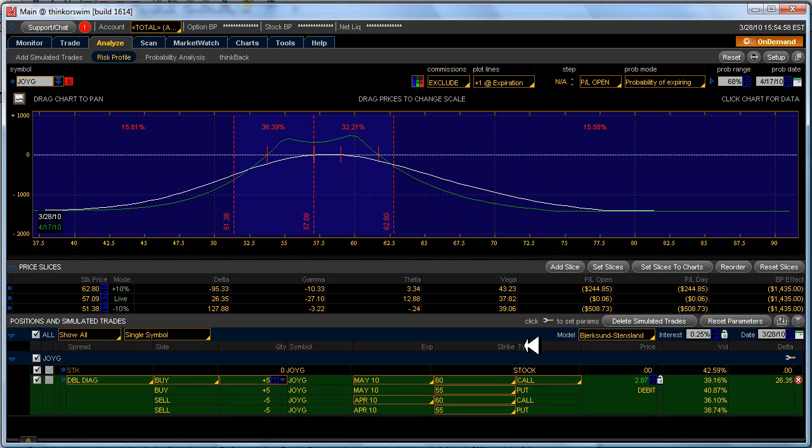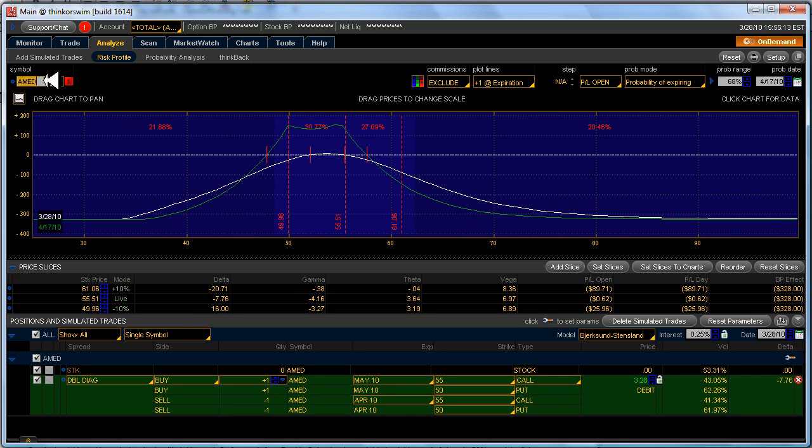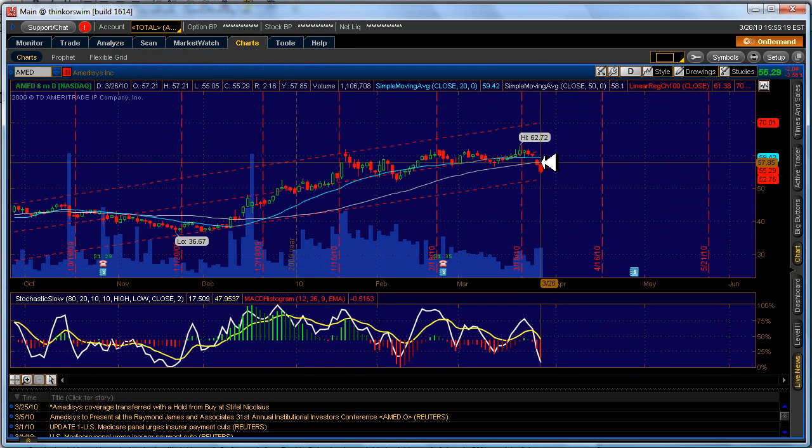Although AMED actually looks like a better trade, it's riskier because it's moving, so it probably will require an adjustment. But again, like I mentioned in my blog, let's go back to AMED. The risk is if it decides to whipsaw on you, and that's definitely a possibility with AMED.